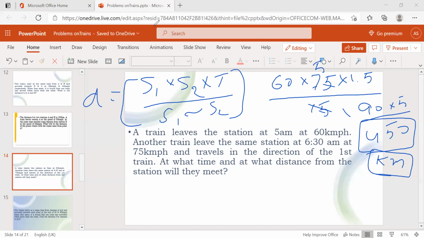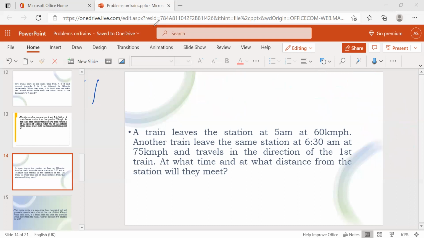No, this is the first distance. If they ask time also, what's the time and what's the distance? What's the time? So the time formula is T equal to S1 into T by S1 and S2.